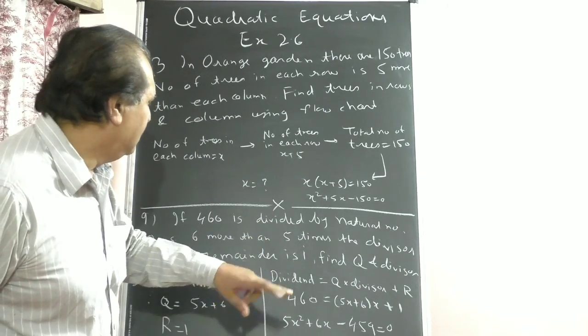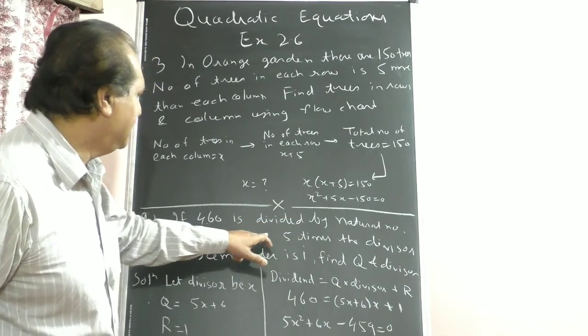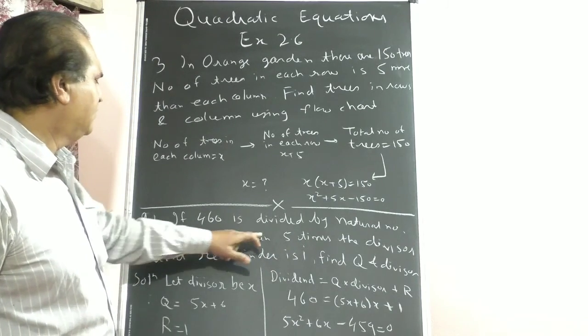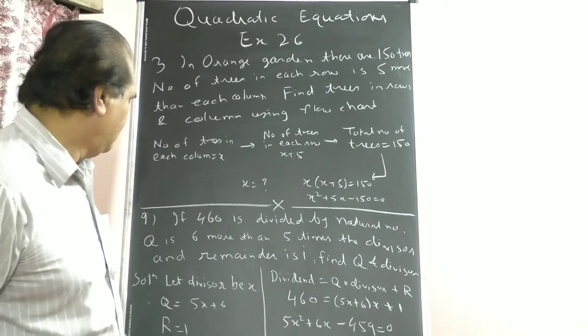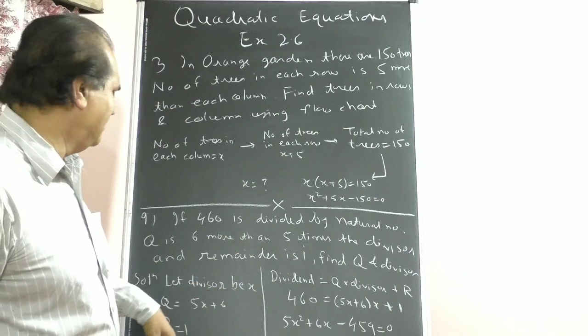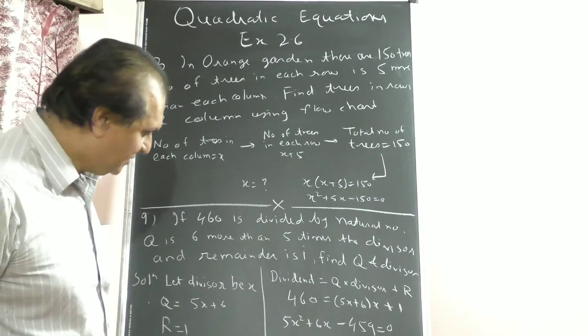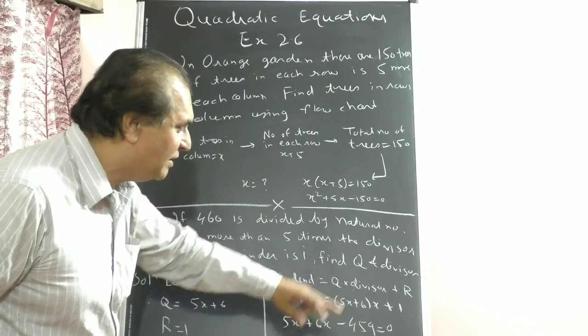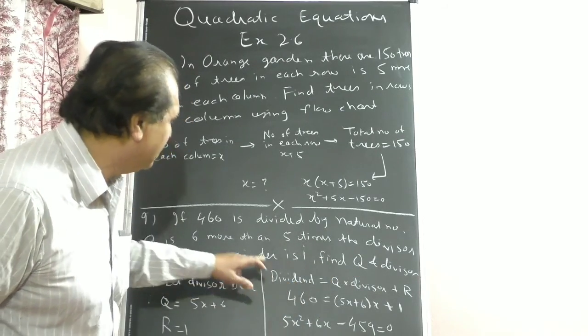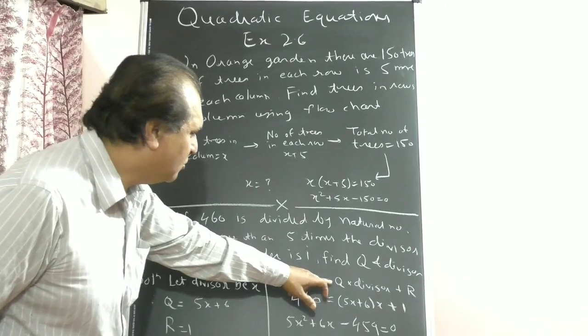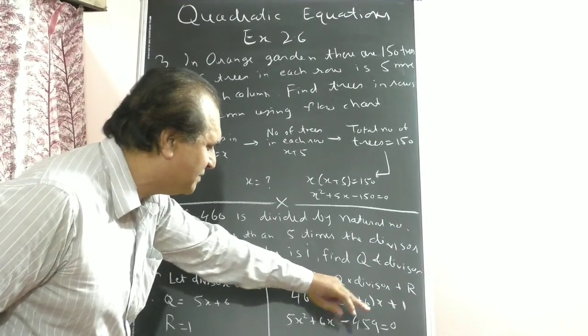So if the number is X, then it is 5 times X, 6 more: 5x plus 6 quotient. And the remainder is 1, clearly given. So divisor be X, quotient 5x plus 6, remainder is 1. Dividend is quotient into divisor plus remainder. 460 dividend. Quotient 5x plus 6, divisor x plus 1.